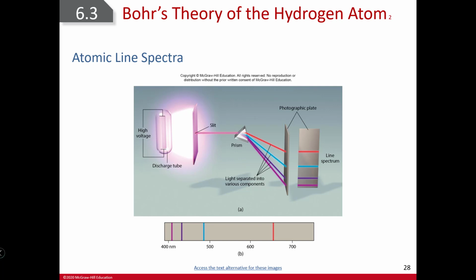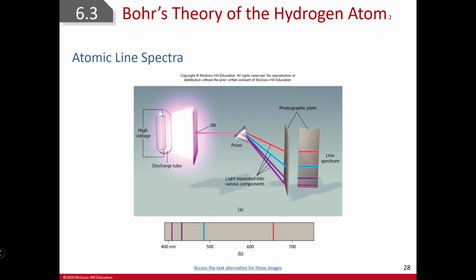Well, we can also take any gaseous element, pass a high voltage current through it, and we get a discharge, a light, just like a light bulb, right? And so the light comes off, and we have a slit to collimate the beam. So we don't take all of the light, we take a column of light, and we pass that light through the prism.